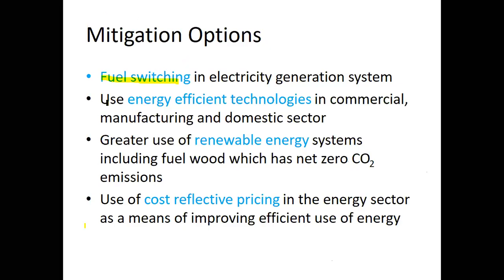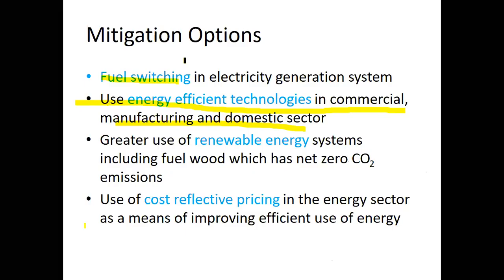The next method is to use energy efficient technologies in the commercial, manufacturing and domestic sectors. The greenhouse gas effect and acid deposition occur due to fossil fuel burning. The fossil fuel is burned to make energy, to make electricity.